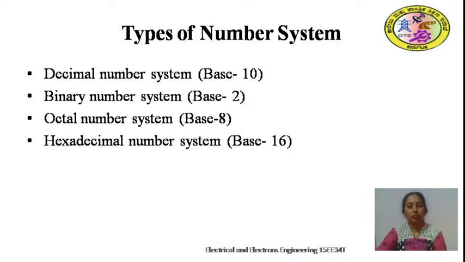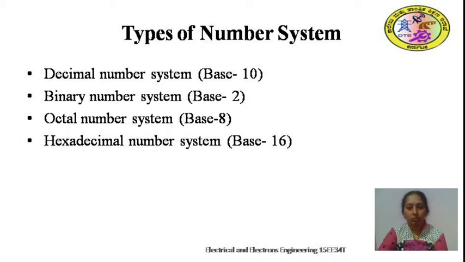The hexadecimal number system, as the name suggests, is the base 16 number system. It uses 16 unique symbols, 16 unique digits, to represent hexadecimal numbers.